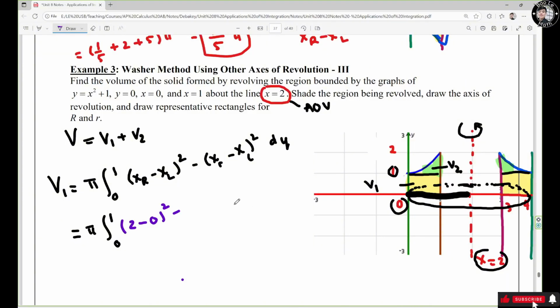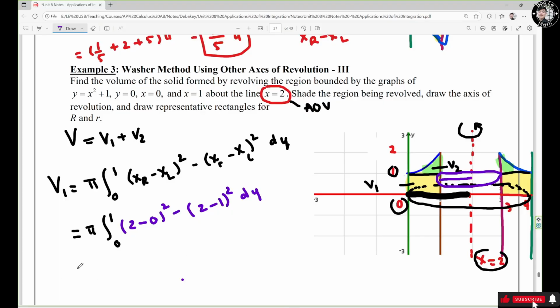Now the smaller radius is from here to here. So it's going to be 2 minus 1 all together square dy.